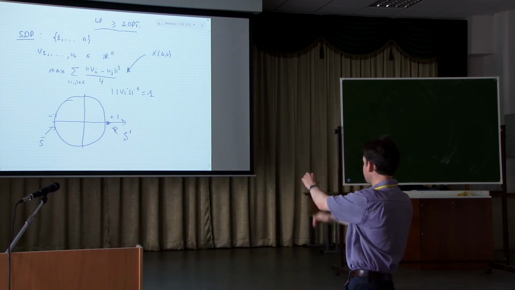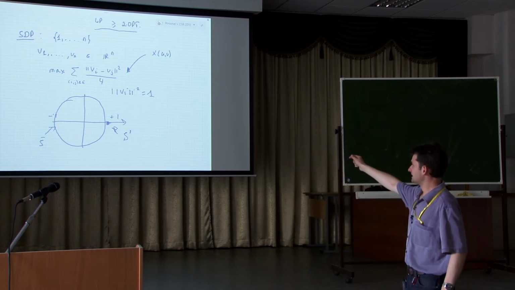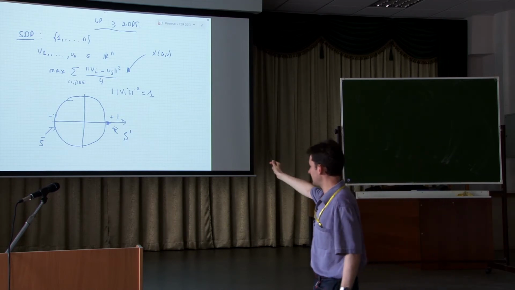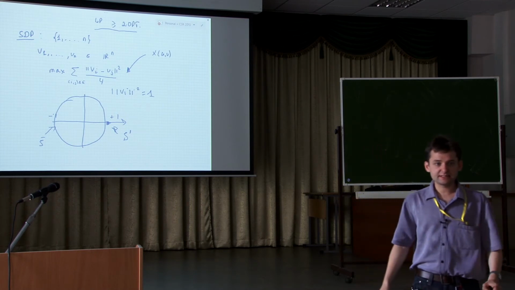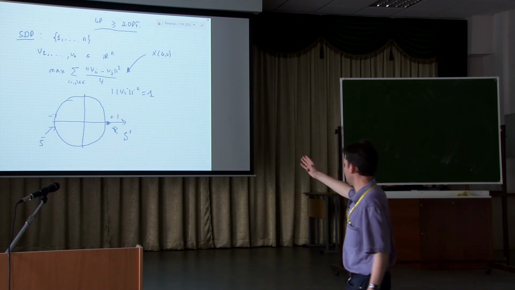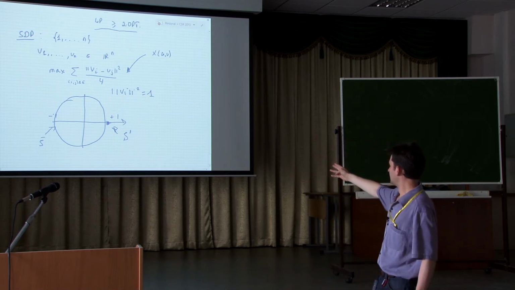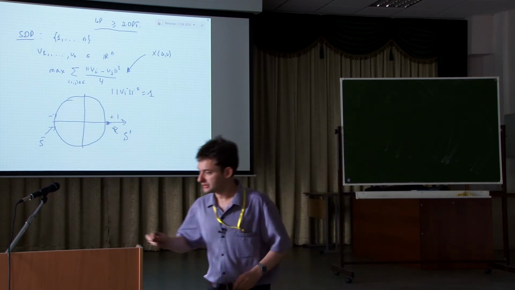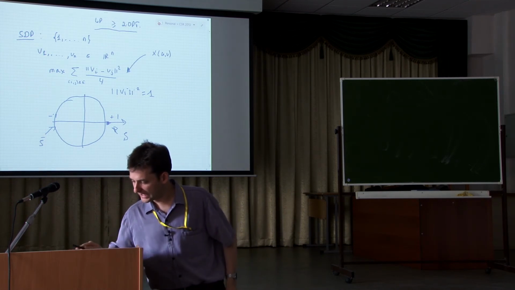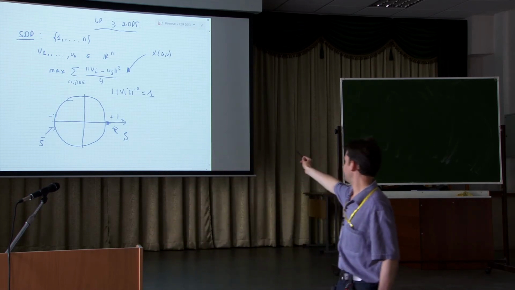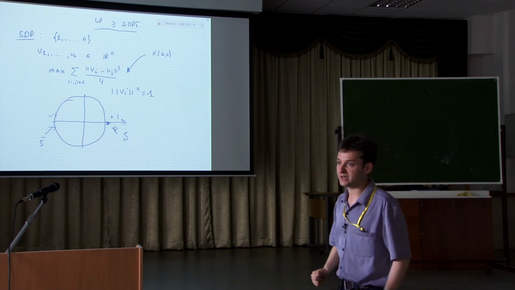And in this case, if you look at vi minus vj squared for two vertices i and j, that's what we get. If they lie in the same set, for example in the set S, they both are assigned the value of 1, and when we look at vi minus vj squared over 4, we get a contribution of 0 in the objective function.